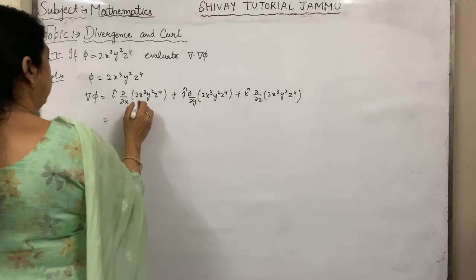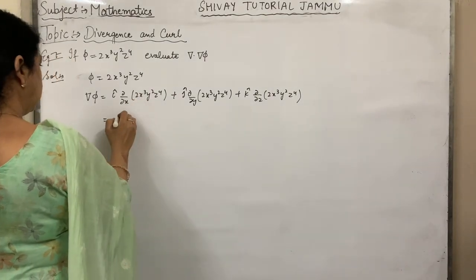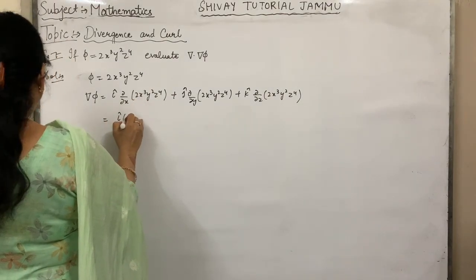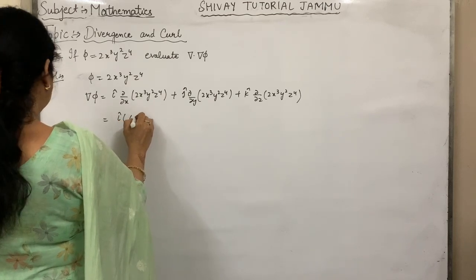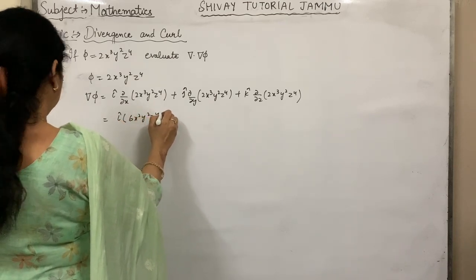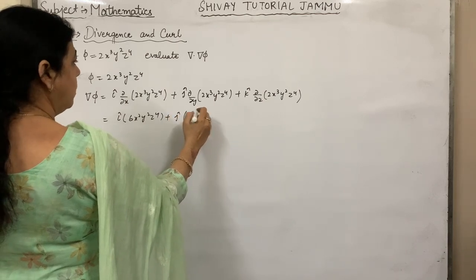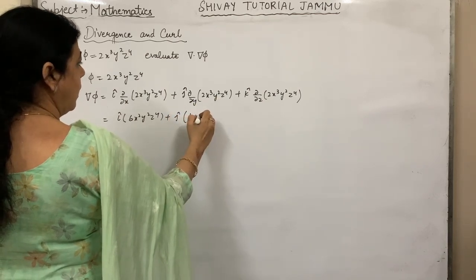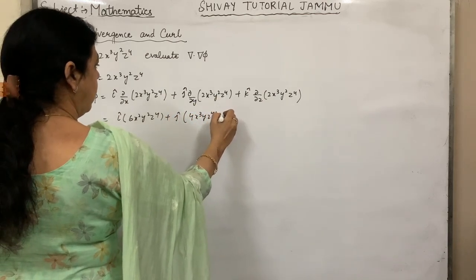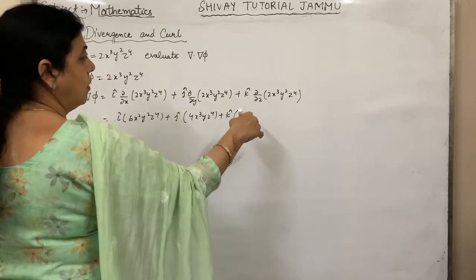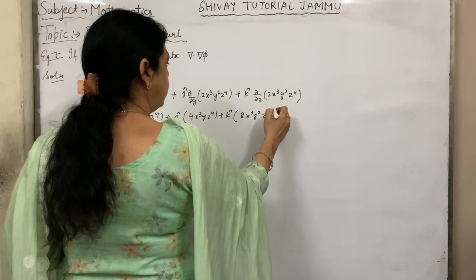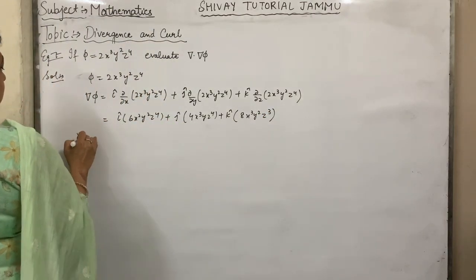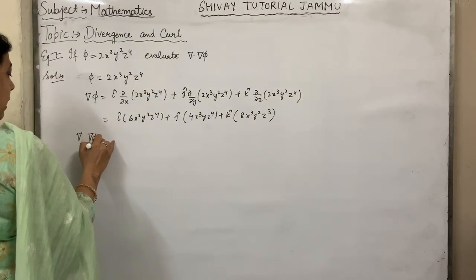We will get i with 6x square y square z4, and j with 4x cube y z4, and k with 8x cube y square z cube. This is del phi. Now we have to find del dot del phi.